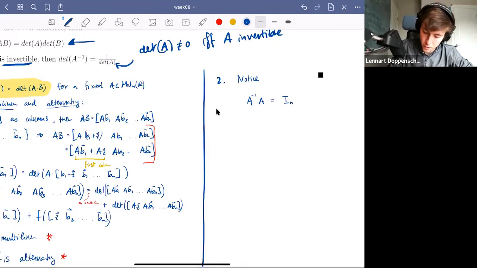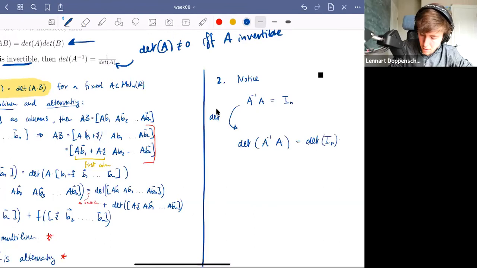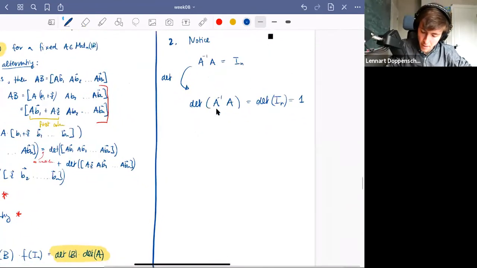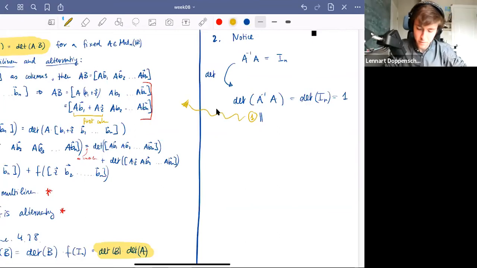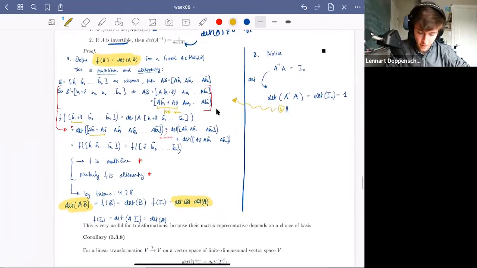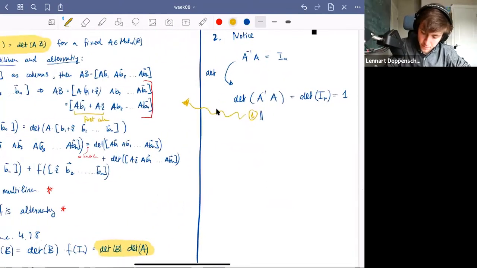Now, if we apply the determinant to this, then we know that the determinant of A inverse A is the determinant of the identity matrix, and this is, by assumption, the third item on the wish list, 1. But now we use the first statement of this proof that we just proved on the left-hand side.